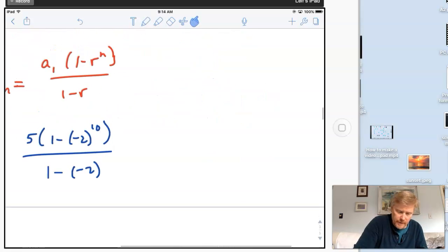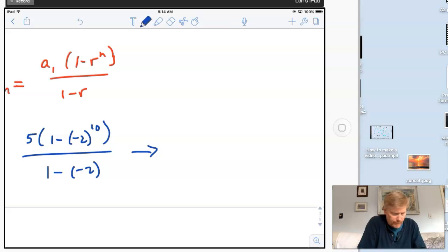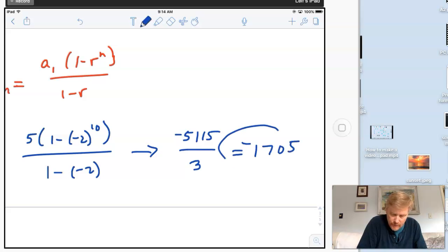Now it's calculator time. Go punch that into your calculator. And if you do that, for the numerator, I get negative 5,115 over 3, which gives me 1705, and it's negative, and that'll be what the sum will be.